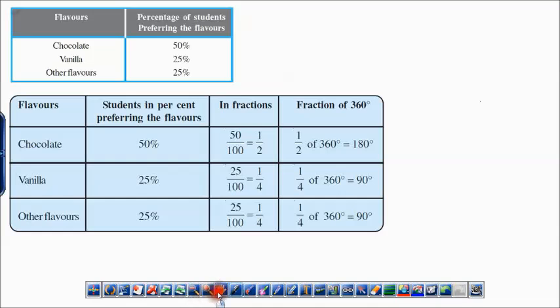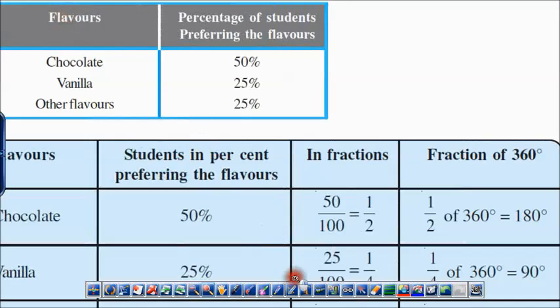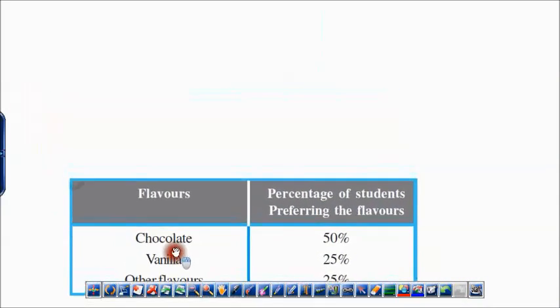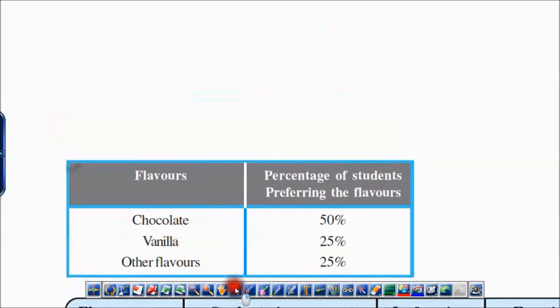Now I will show you how to do the calculation for a given sum. ये क्वेश्चन है इसका पाई चार्ट ड्रॉ करना है. तो पाई चार्ट ड्रॉ करने के लिए हाउ डू यू स्टार्ट इज बाय ड्रॉइंग अ टेबल जिसका पहला कॉलम यू हैव टू राइट डाउन दिस एंड ड्रॉ योर सेल्फ. फ्लेवर्स: चॉकलेट, वेनिला, अदर.